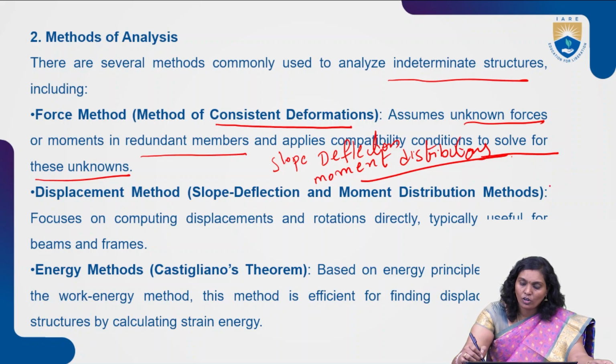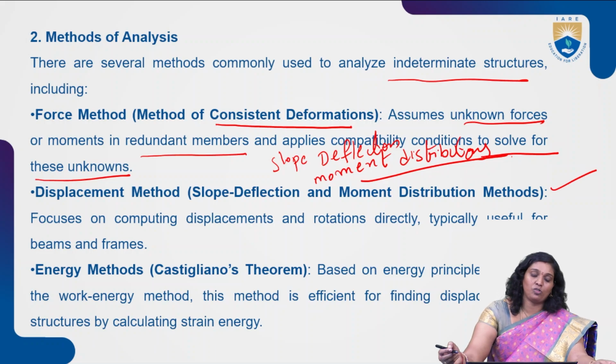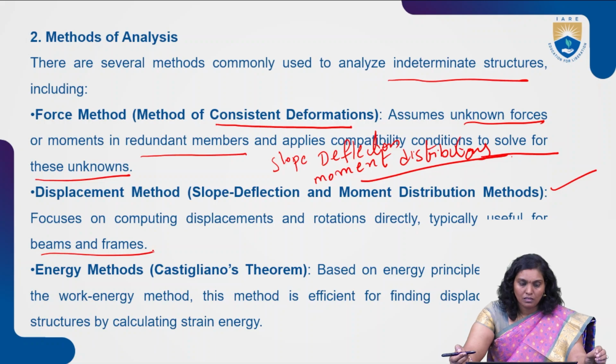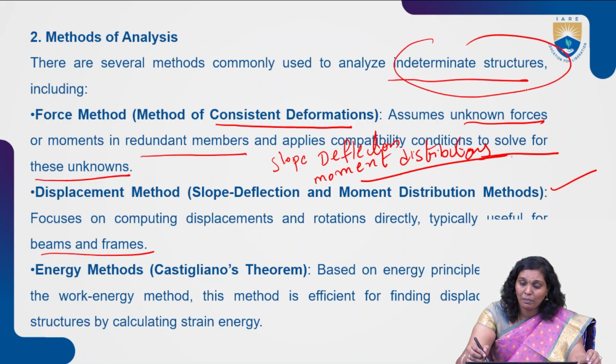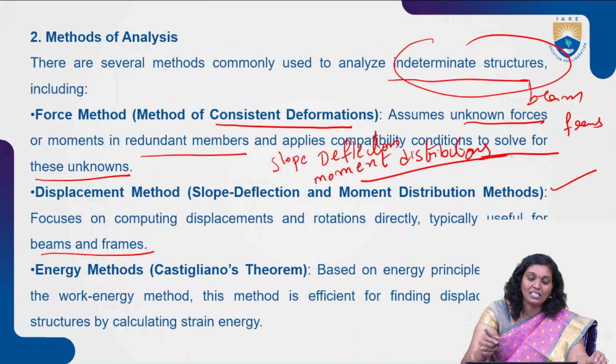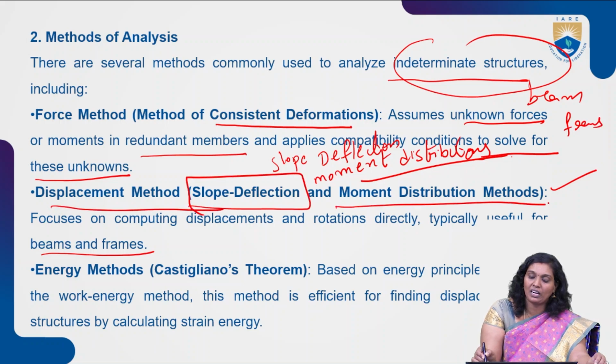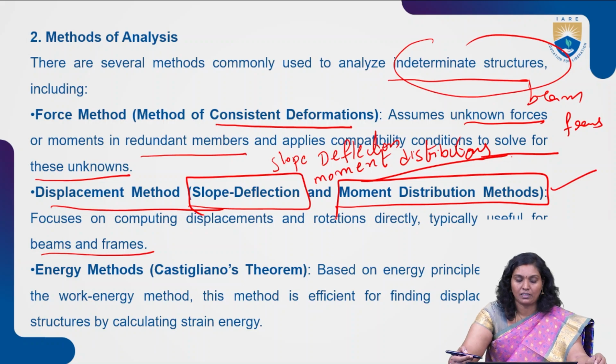These kinds of displacement methods are typically suitable for beams and frames for analyzing the various indeterminate structures. So whenever the indeterminate structure may be a beam or frame, we are going to consider one of the displacement methods, whether it's the slope deflection method or the moment distribution method.